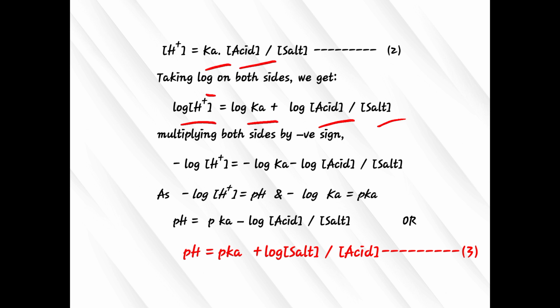When we apply log to a product, we get a plus sign. Understand? Taking log on both sides, log concentration of H+ equals log Ka plus log of the concentration of acid divided by the concentration of salt.